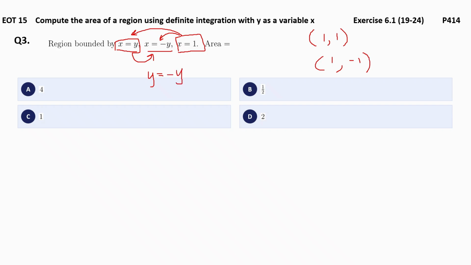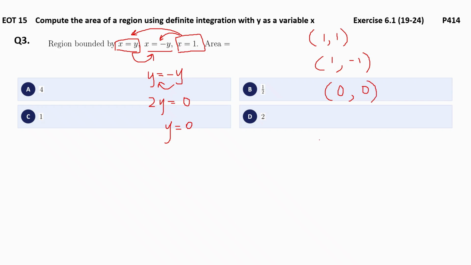When you simplify, you transpose and you will be receiving 2y is equal to 0, which implies y equal to 0. And try to replace your first two expressions with y is 0. You will be getting your new coordinate as 0, 0.